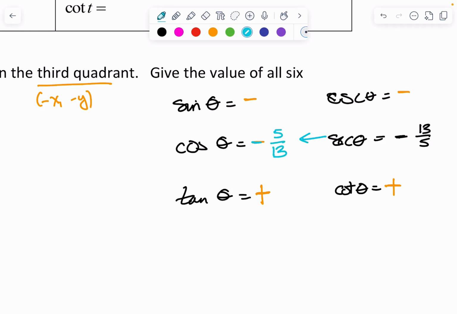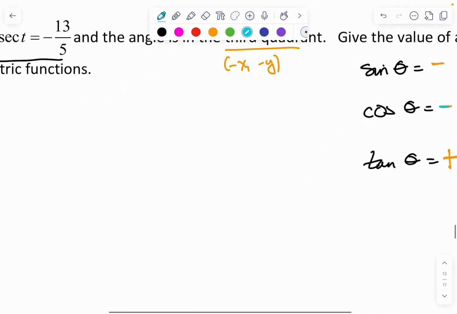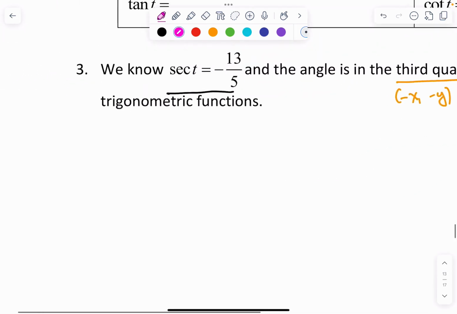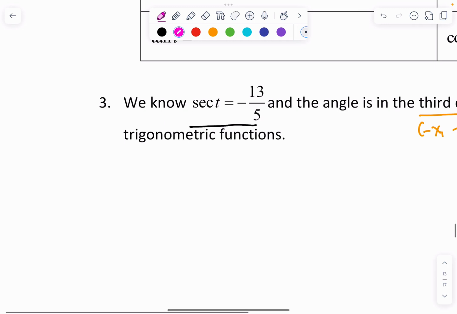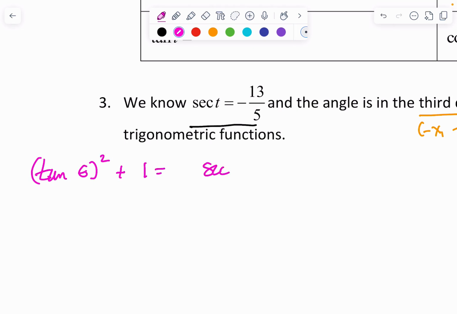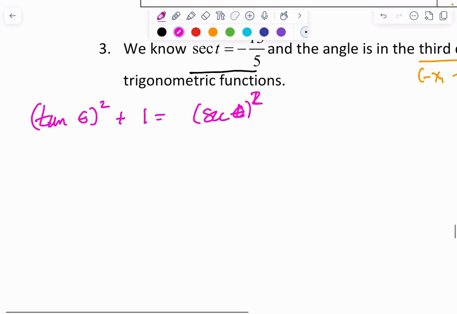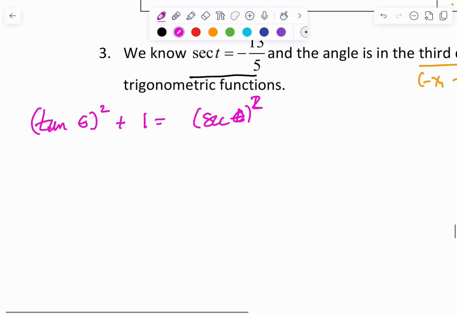Now, from here, you have a lot of choices. I would like to use one of my new identities, so I'm going to use the one that says tangent of theta squared plus 1 is equal to secant of theta squared. They put t, but I like to use theta, so I always just end up with theta.